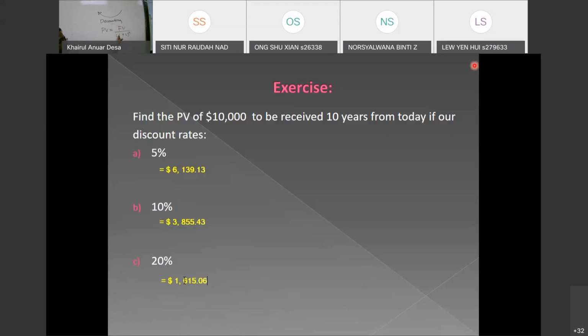Okay, future value divided by 1 plus i to the power of n. Try again, and let me know.